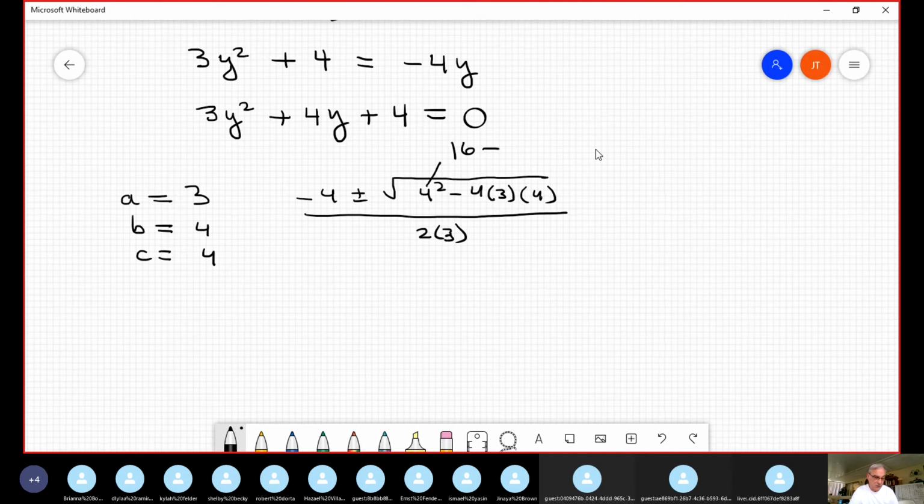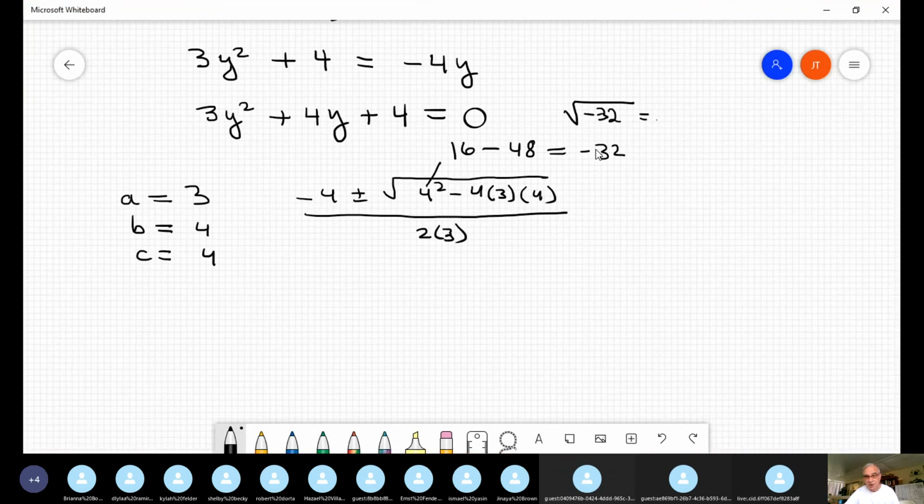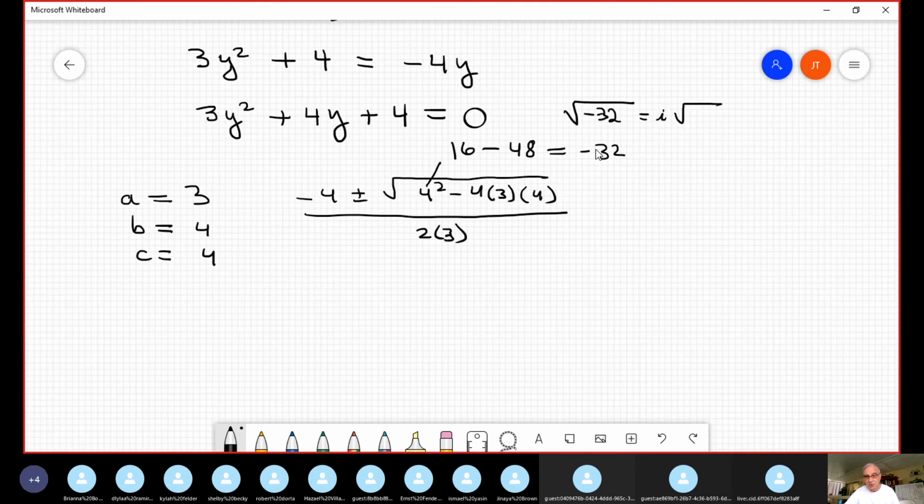I'm checking just in case on my calculator. 12 times 4, yeah, 48. Now 48 minus 16, 32. Pero es minus 32. Entonces, when you compute the square root of minus 32, we expect imaginary, no?